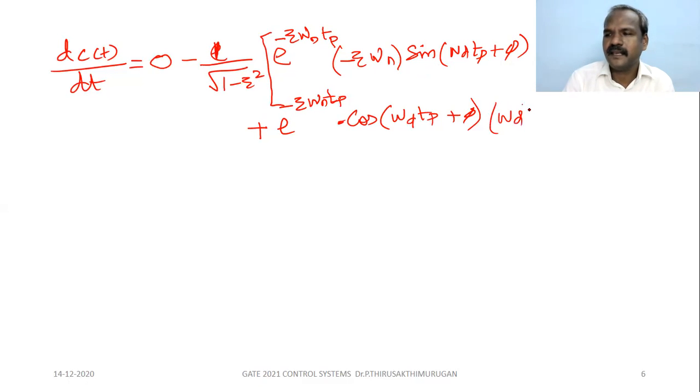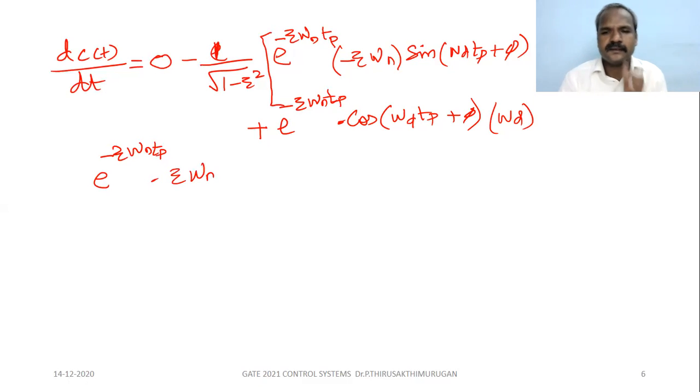Right? So we take the common parameters. We get e to the power minus zeta omega n TP, and we can remove omega n, which is a common term.